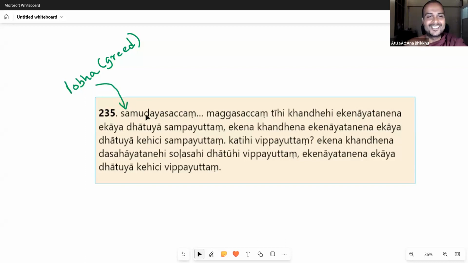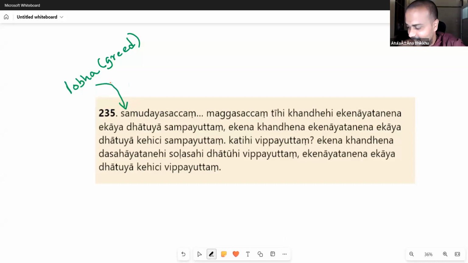Right. So samudayasacca is in the mental formations aggregate, the sankhara khandha. So it is associated with 3 other aggregates. Tihi khandehi. What does tihi khandehi mean? 3 aggregates. So what are those 3 aggregates?